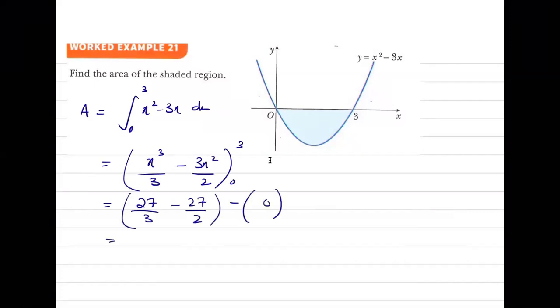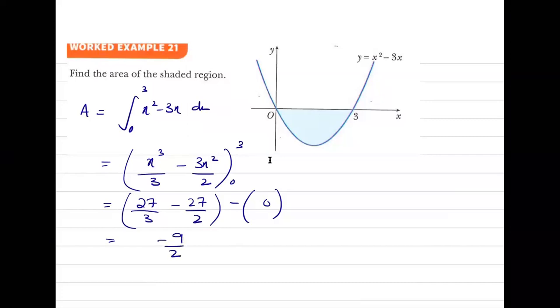Is 27 upon 3 a larger value or 27 upon 2 a larger value? 27 upon 2 is a larger value. Okay, so can you solve this and give me the answer? Minus 9 upon 2.